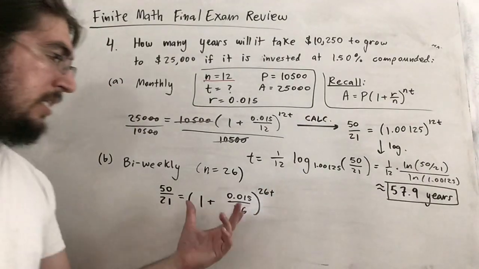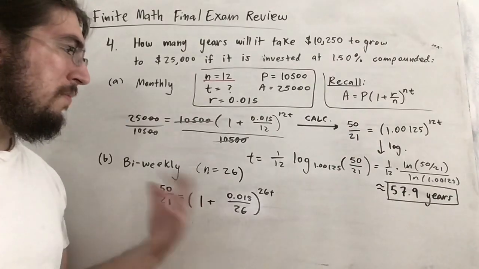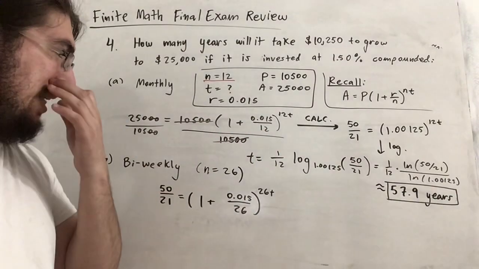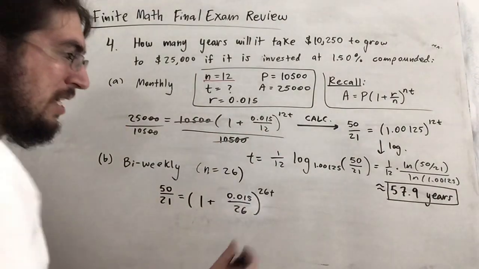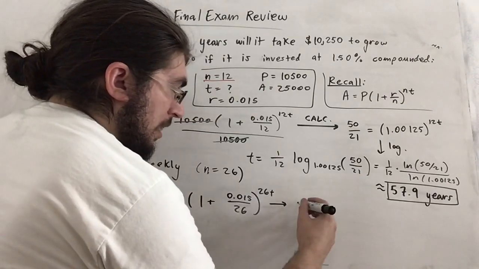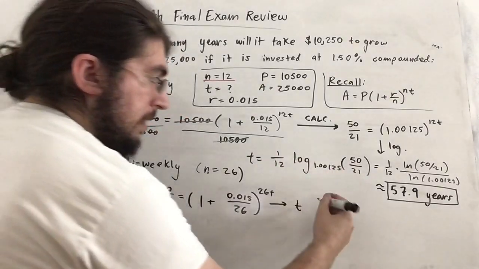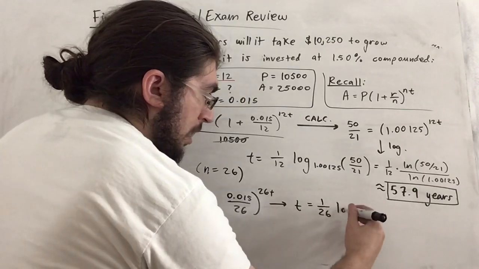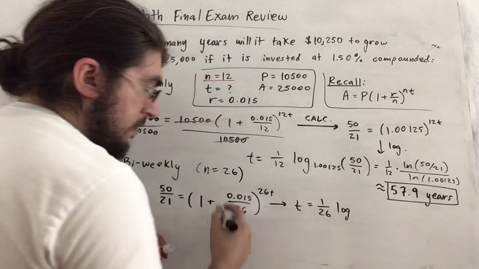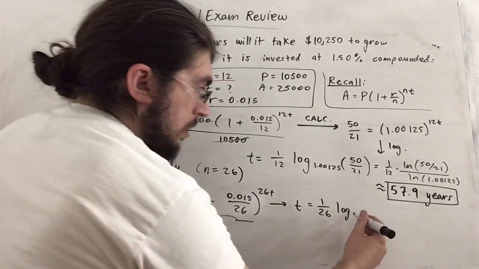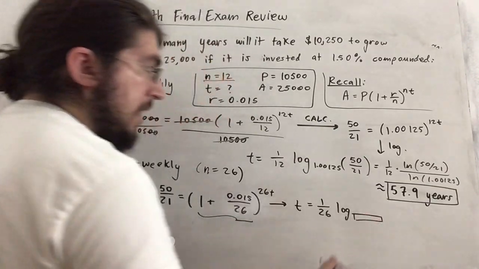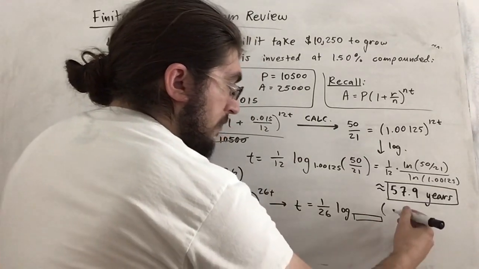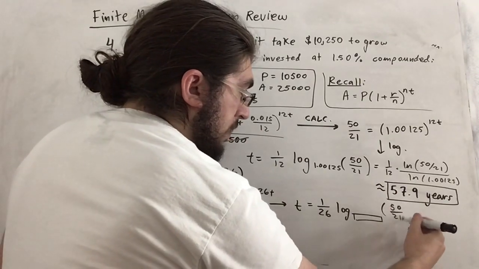Now I'm going to clean this part up in my calculator, but from there it's going to be the exact same thing. In fact, I think you can kind of tell really what this is going to end up as if you compare and contrast. This will be t equals 1 over 26 log base whatever this amounts to, so I'll leave my calculator for that, and then of 50 over 21.